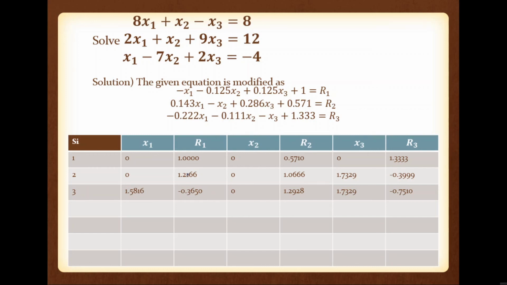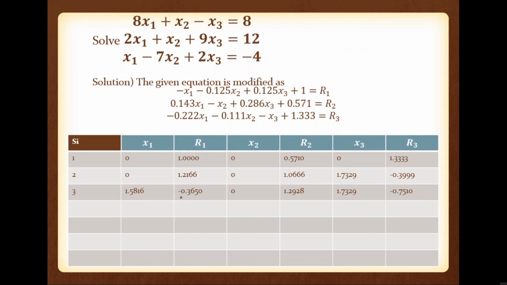This is positive, so if you are using under relaxation, it will remain positive. Only the magnitude will decrease if it is under relaxation. The sign will be constant. For over relaxation, the magnitude will decrease and the sign will change. For normal relaxation, it will become 0.